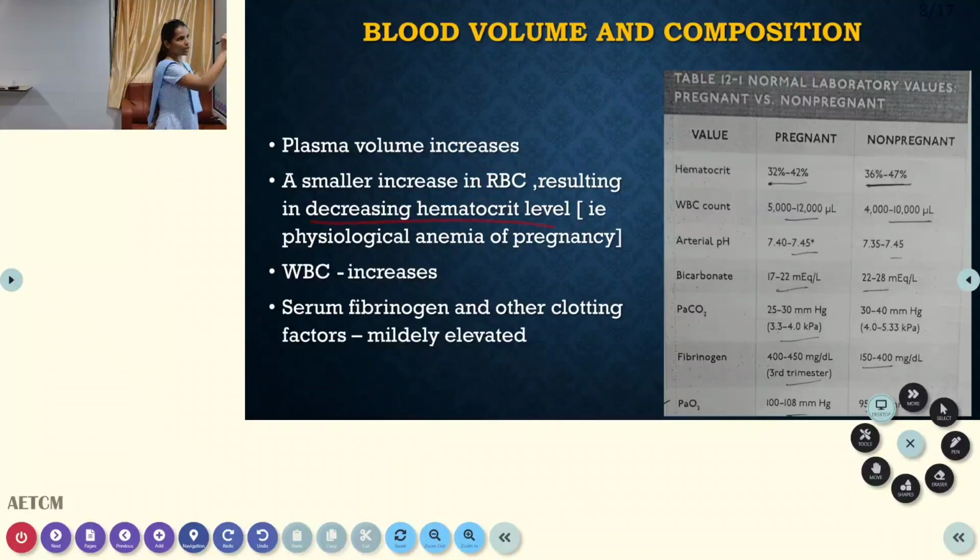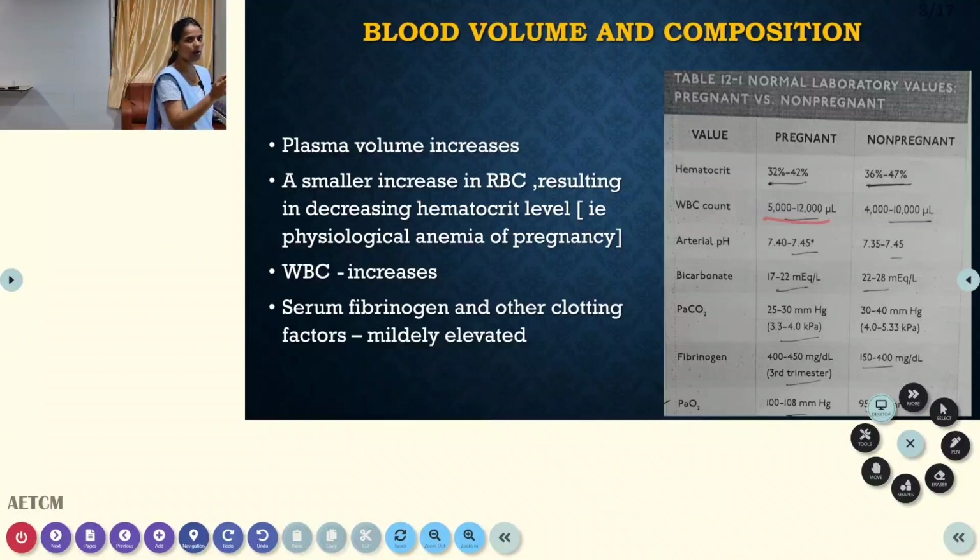It is a physiological anemia of pregnancy, because there is increased plasma volume with a relatively small increase in RBC. WBC also increases, and serum fibrinogen and other clotting factors are mildly elevated. Normal laboratory values in pregnant women are a hematocrit of 32 to 42% and WBC of 5,000 to 12,000.